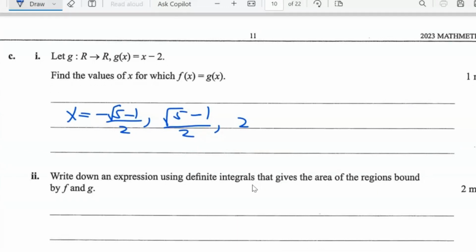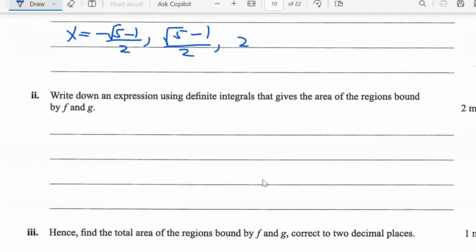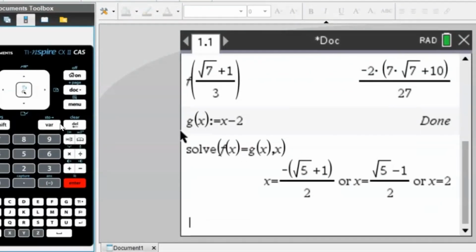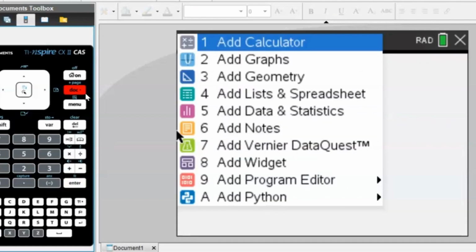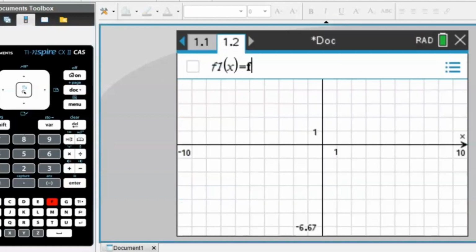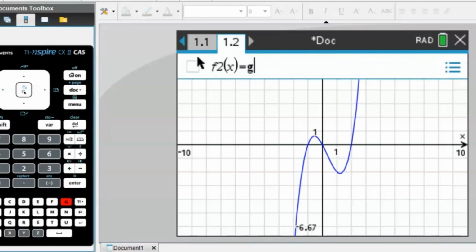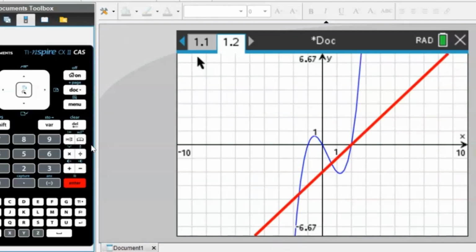Alright, write down an expression using definite integrals that gives the area of the region. It's better to find out which one comes on top, so let's graph that. Control doc 2. That's going to be f of x, tab, g of x. Those are the three intersecting points. This must be the negative one, and that's the positive one.